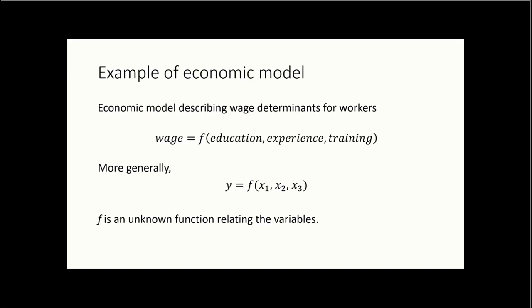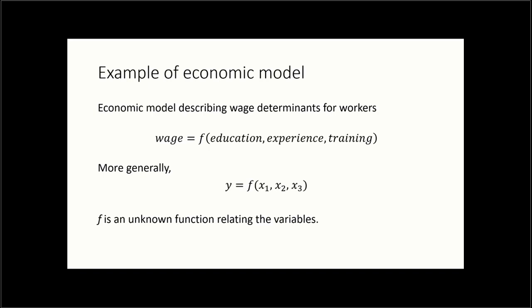So here is an example of an economic model that describes determinants of wages or salary for, say, U.S. workers. So the notation that we will use here is wage equals f, where f is the unknown function of education, experience, and training. So this means we have independent variables such as education, experience, and training that we're trying to use to explain how wage varies with them.